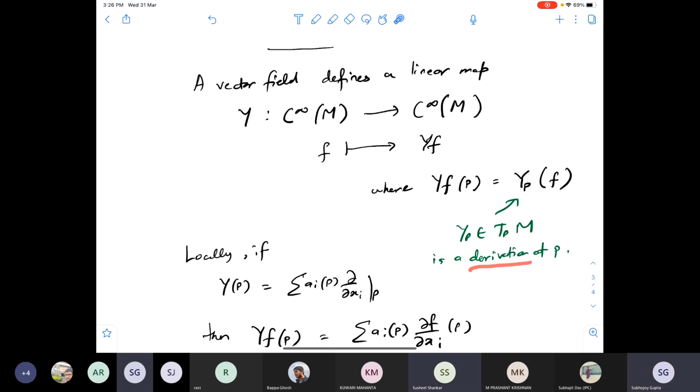Derivations are linear operators, and so everything splits as a sum.